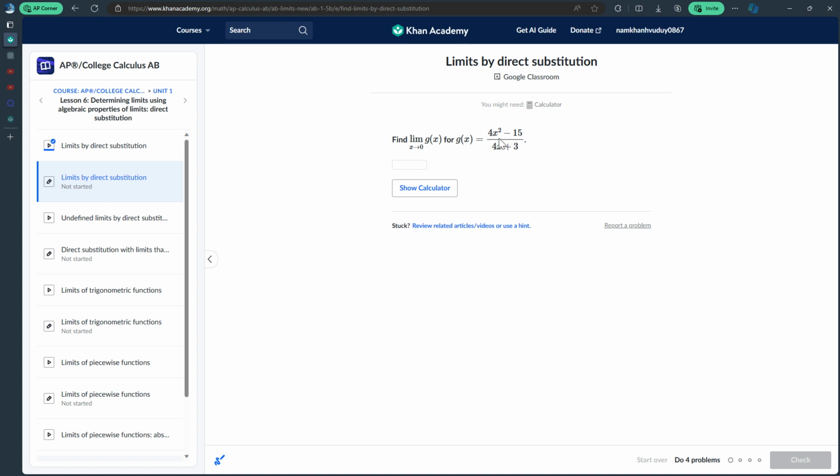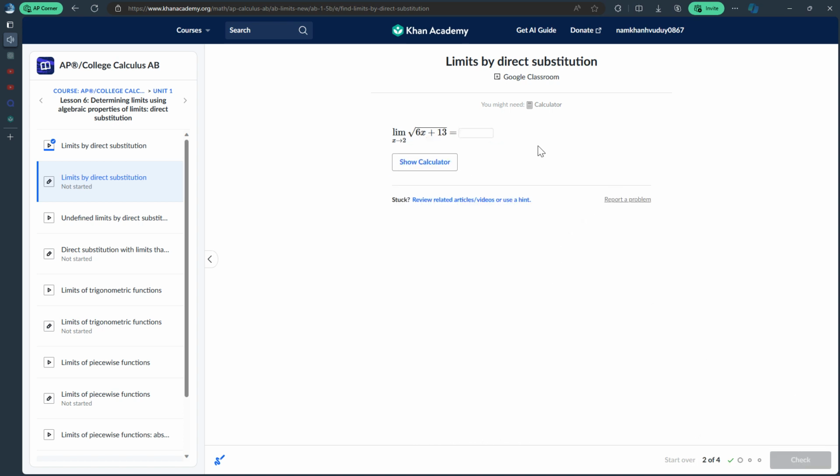So this doesn't look like we can substitute 0, so we get 3 here and we get minus 15, so we might get -5. It's easy. Okay, so we get 12a plus 13, we get 25, which results in 5.